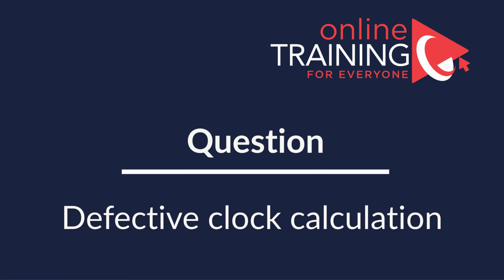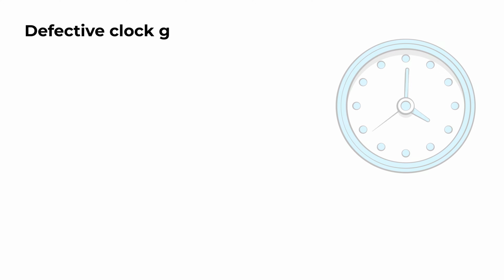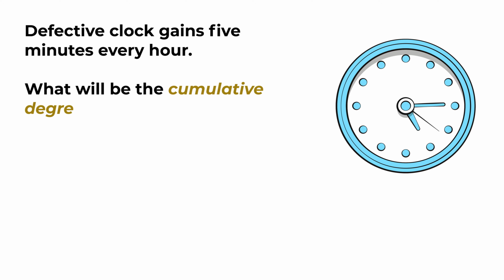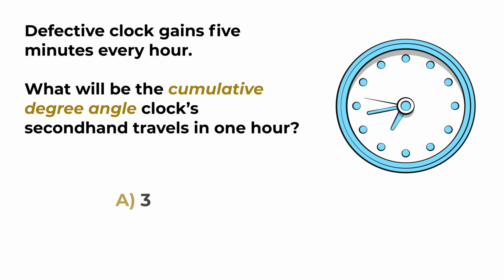Here's an interesting question, which may not be as easy as it looks. A defective clock gains 5 minutes every hour. What will be the cumulative degree angle the clock's second hand travels in 1 hour? You're presented with 4 different choices. Choice A, 360 degrees. Choice B, 360.5 degrees.